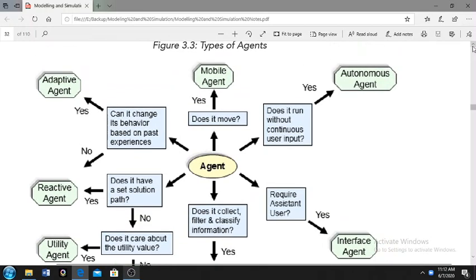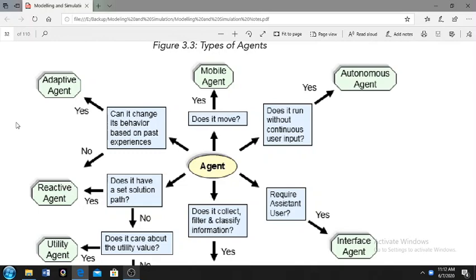Adaptive agent, they are the most intelligent to me. Can it change its behavior based on past experience? Adaptive ones are the most intelligent agents. Reactive are the dumbest, but these ones are the most intelligent because they can change their behavior. They can learn.